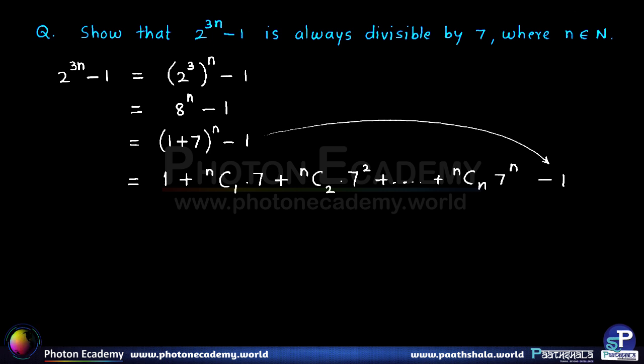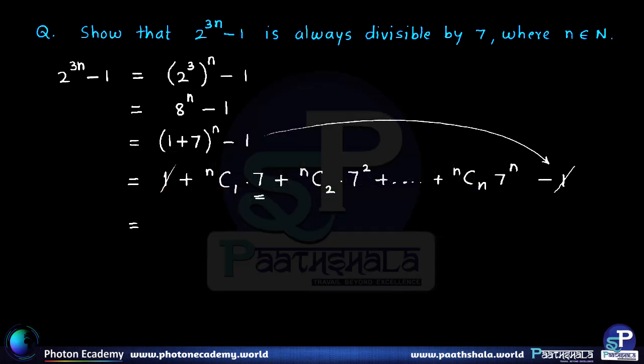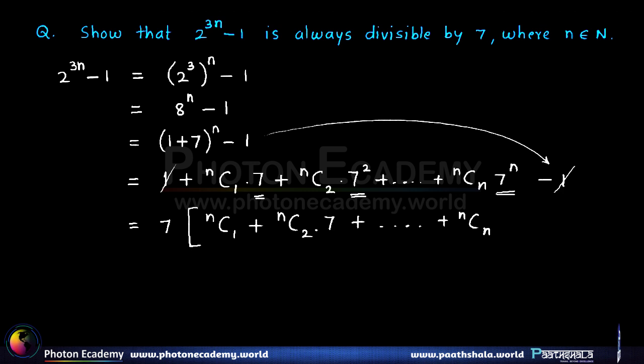Right? So therefore 1 will get cancelled, and from the remaining expression, if you observe, we can always take 7 common, as various powers of 7 are present. So if we take 7 common, we have nC1 plus nC2 into the remaining factor of 7 and so on, and the last will be nCn into 7 raised to n minus 1.